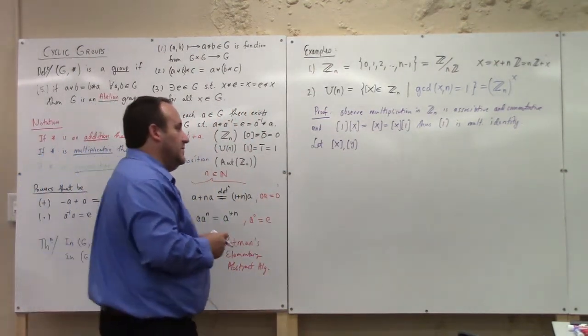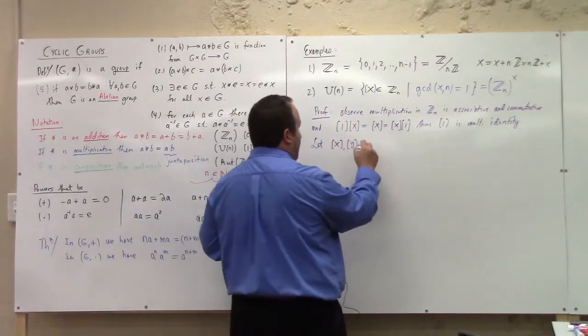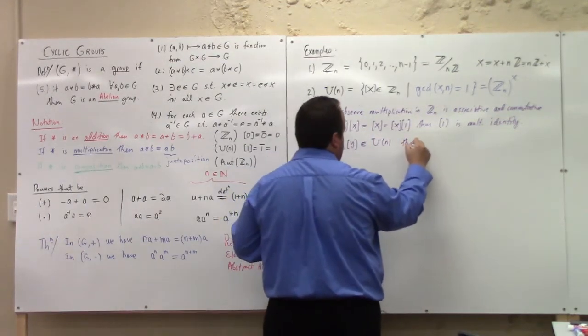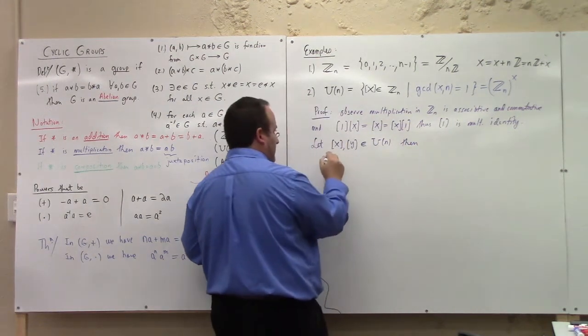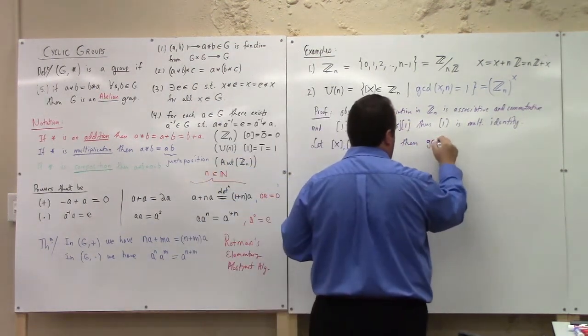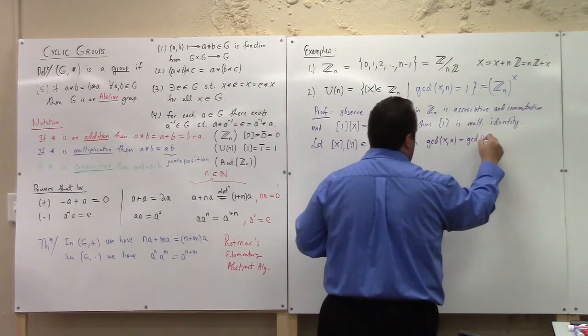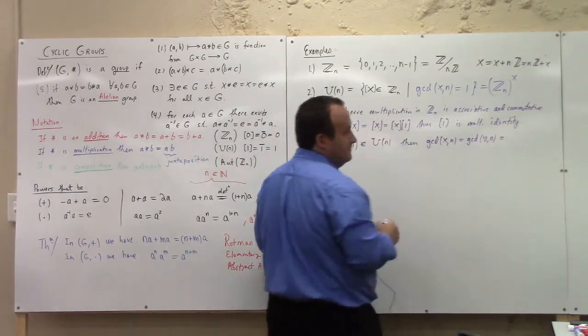So let [x], [y] be elements of Un. Then that gives us that the GCD of x with n is equal to the GCD of y with n is equal to what?